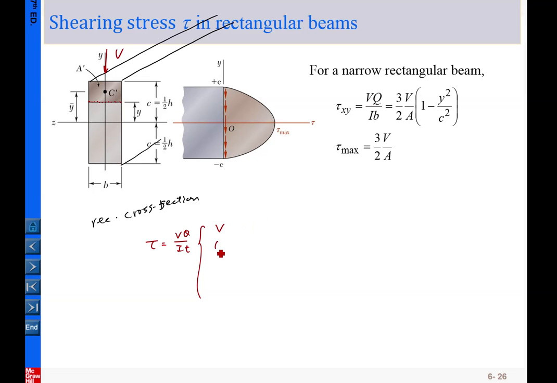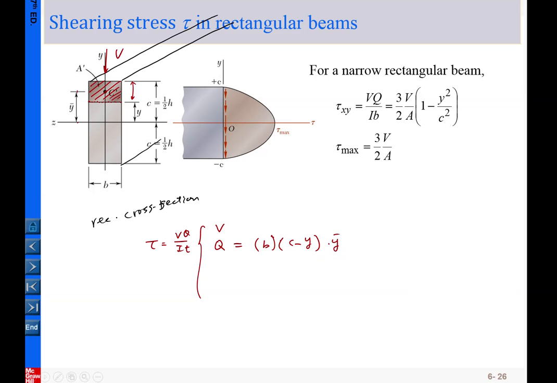And what is Q? Let me pick the upper shaded area. Q equals the area, which is b multiplied by c minus y, and then multiplied by y bar.